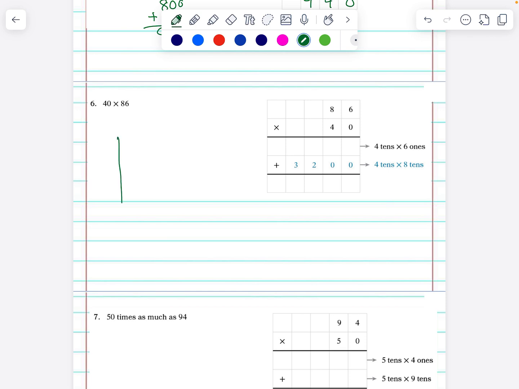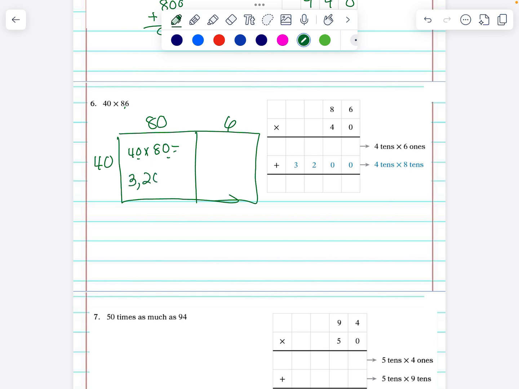All right, area model. We're going to decompose 86 to 80 and 6, multiplied by 40, length times width. This first section is 40 times 80, which equals 3,200.